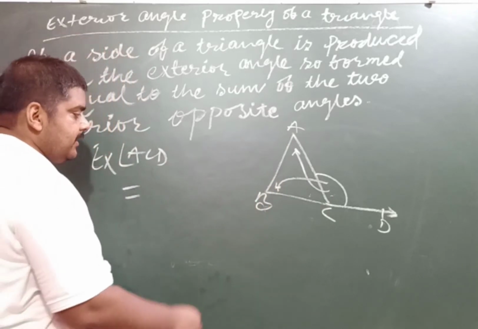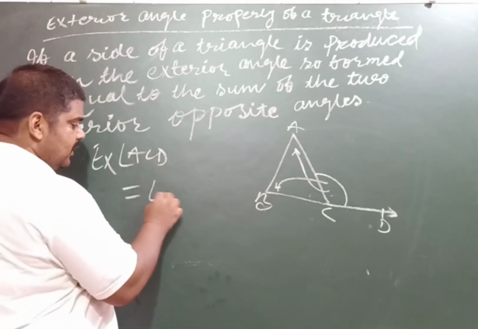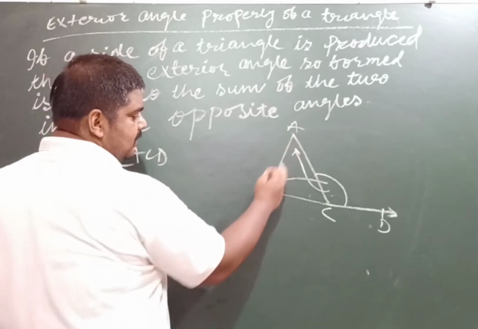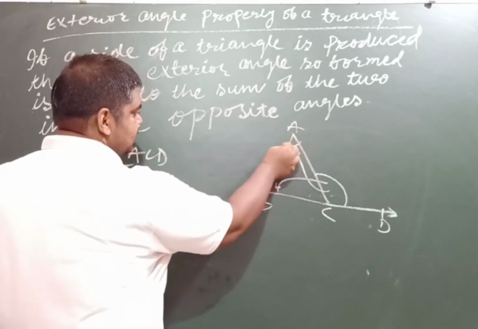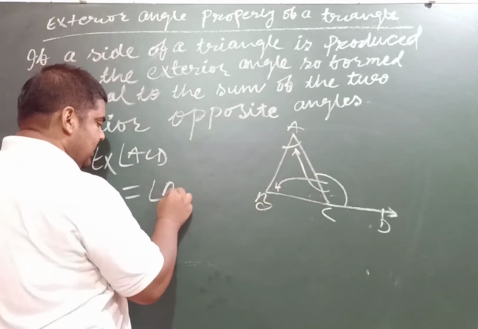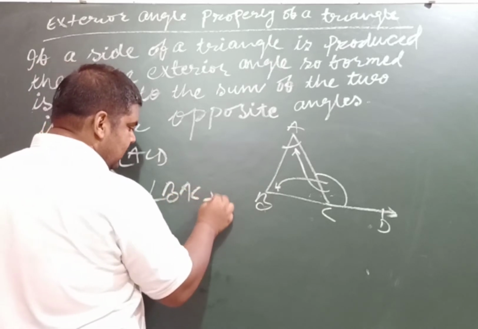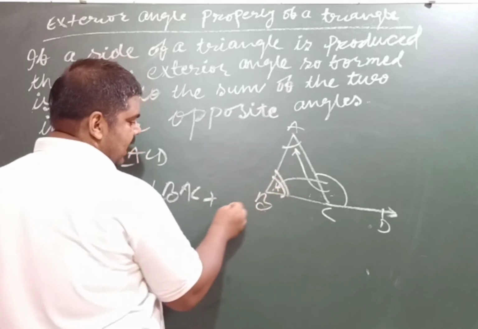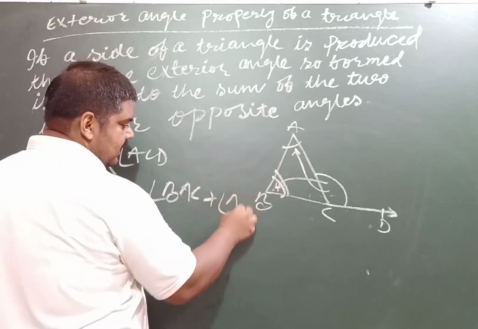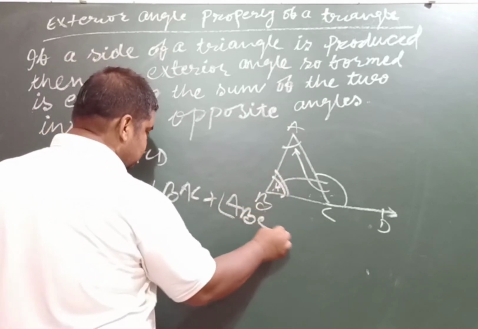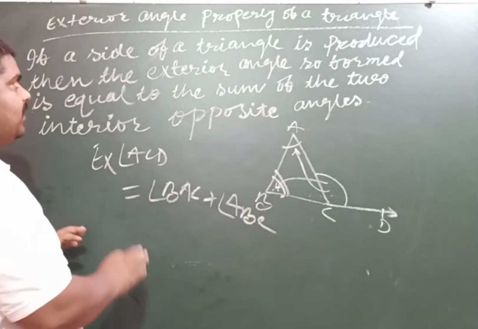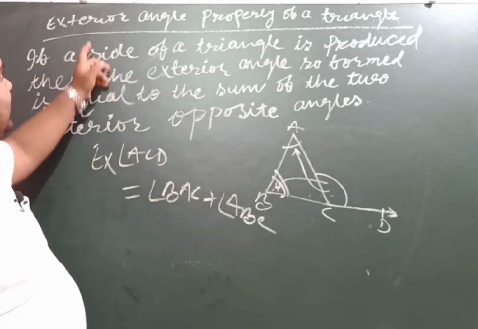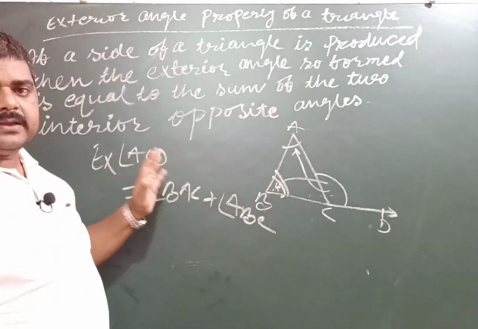And this is why it is equal to one angle, which is BAC, and the second angle, which has been named ABC, and this is why this property is known as the exterior angle property of a triangle.